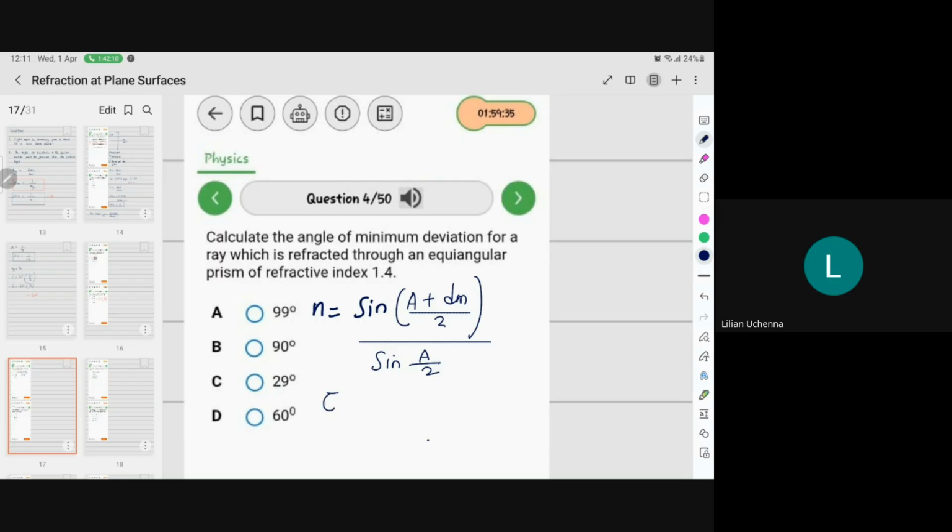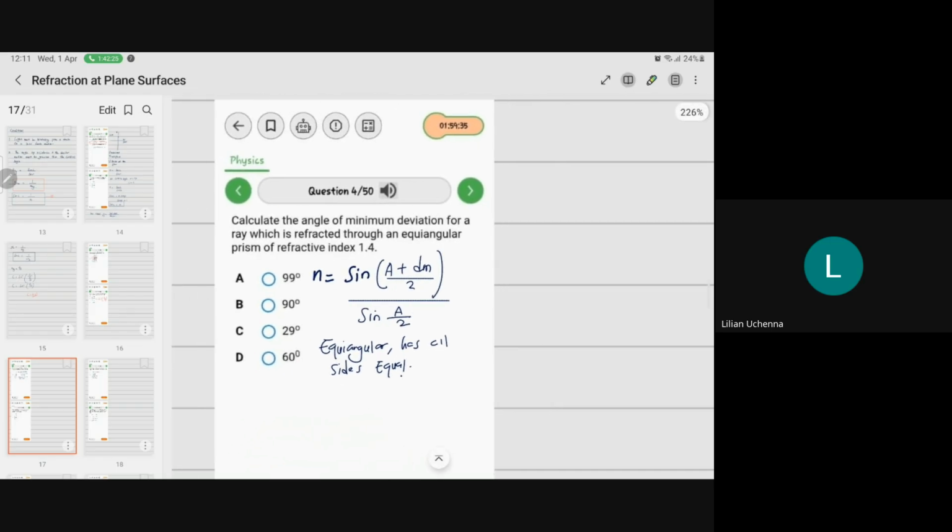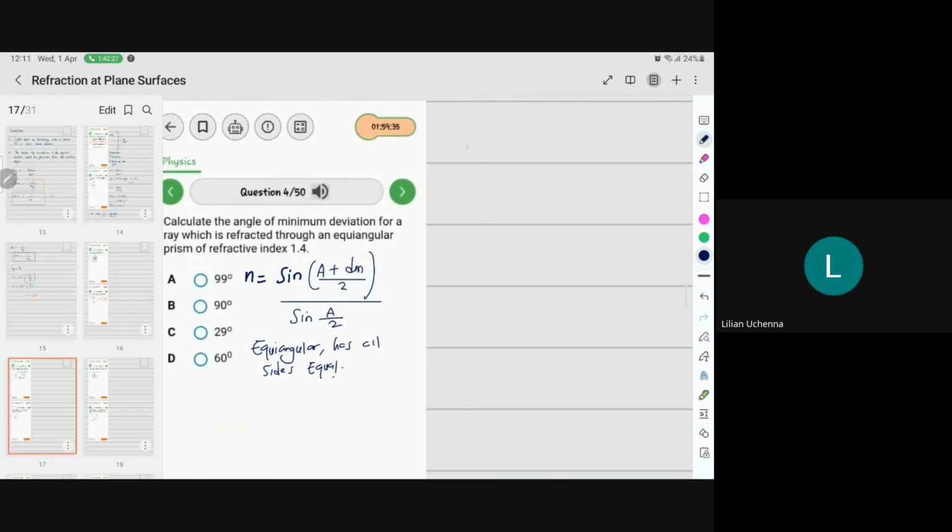So now equiangular, are we together? It has all sides equal, right? So remember that if it has all sides equal, it means that A equal B equal C. So we can say that A plus A plus A equal 180 degrees.